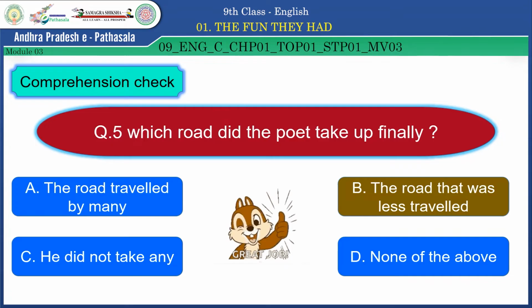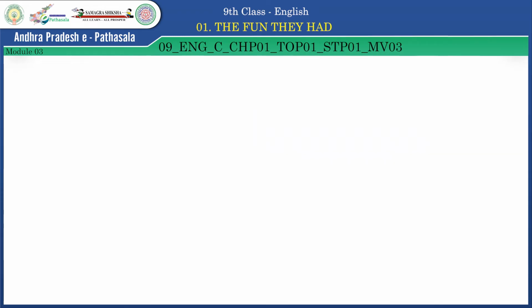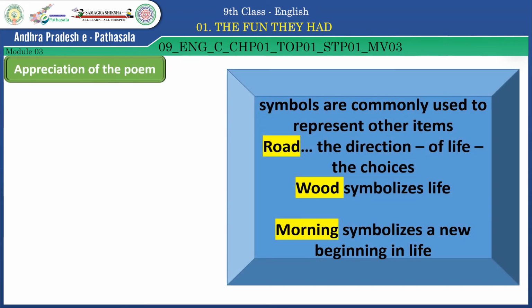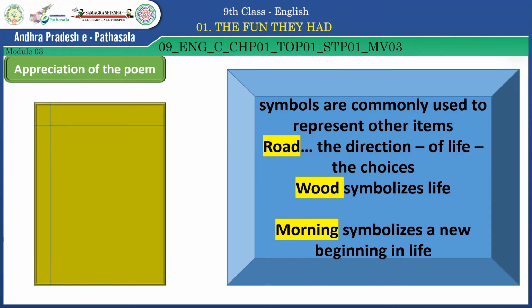Let's see some more details about the poem. The present poem is full of symbolism. Symbols are commonly used to represent other items. Here in this poem, the road represents the direction of life or the choices given in life, and the wood symbolizes life and the falling leaves old age.